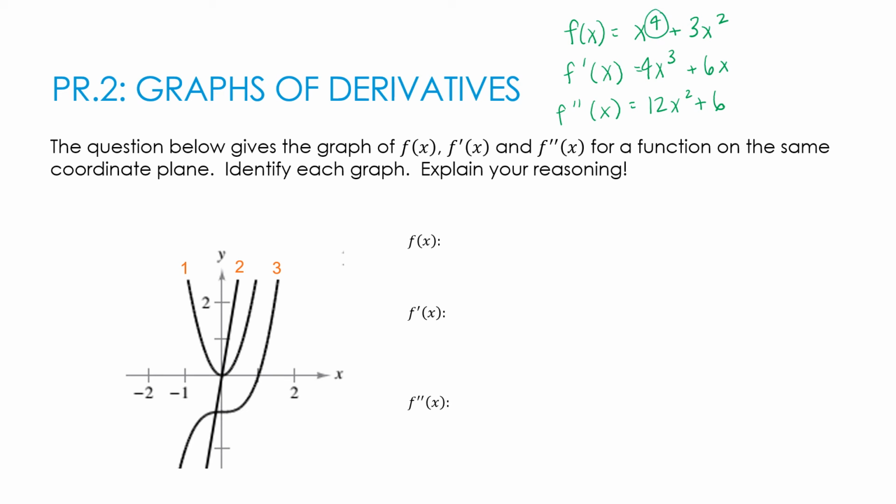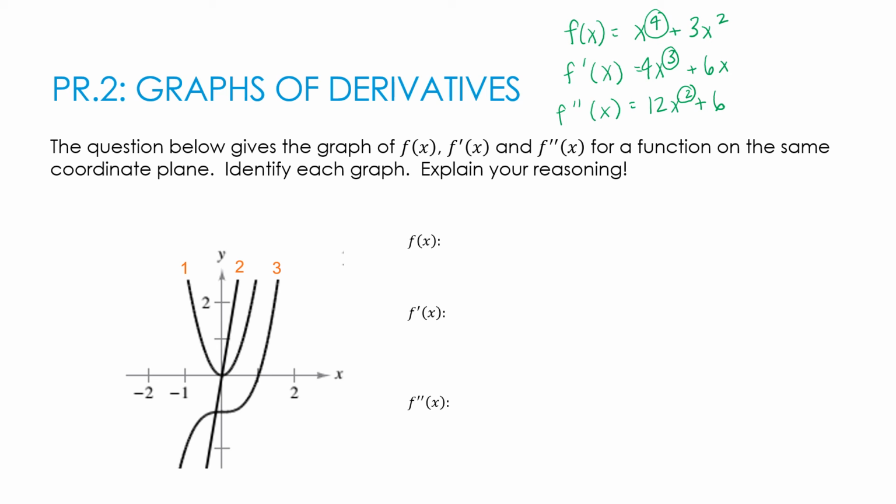We can see that I started at 4, the derivative is 3, the second derivative is 2. So hopefully that can help you to quickly find which would be the original function, which would be the first derivative, and which would be the second. So press pause, try that question, then press play to see if you are correct.